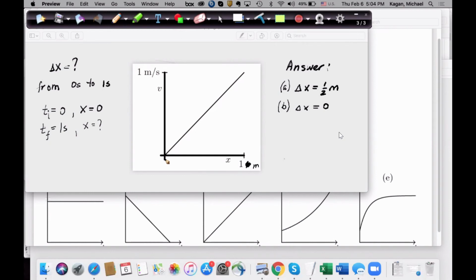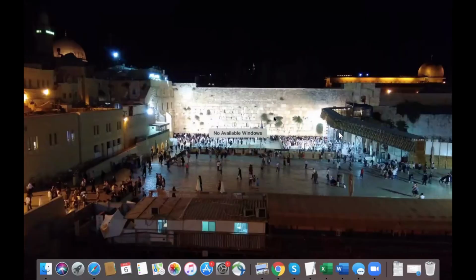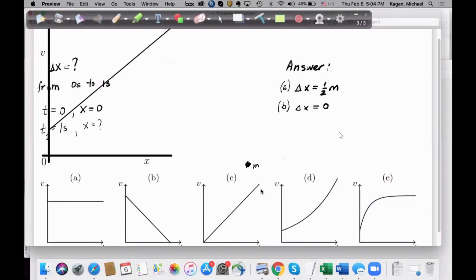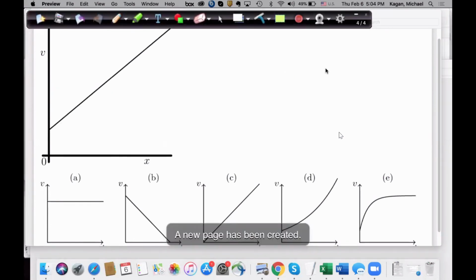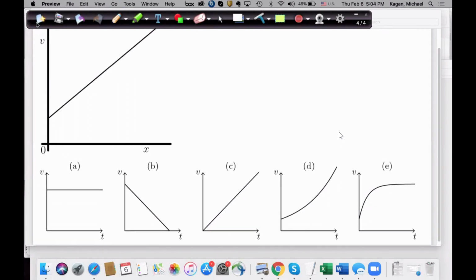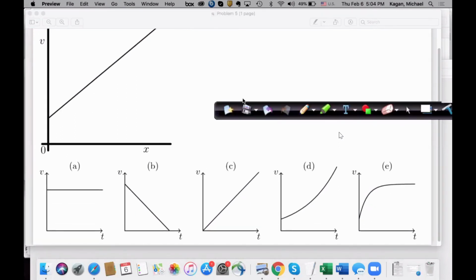Okay, so let me update this a little bit just to make it non-trivial. Pretty much the same question, but a different graph. So let me display that. So I'm giving you a multiple choice question.